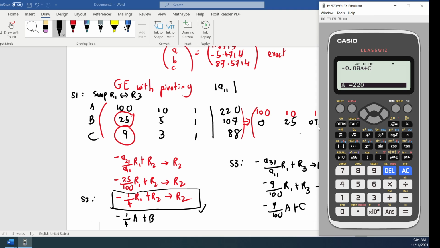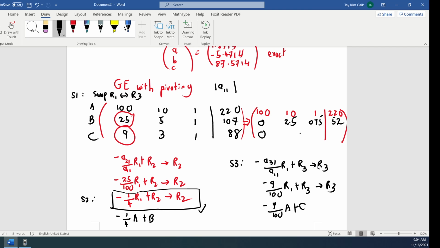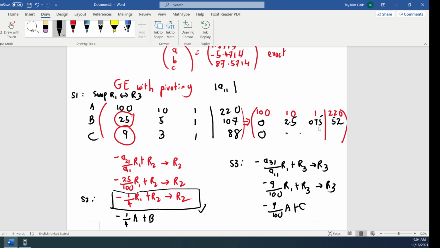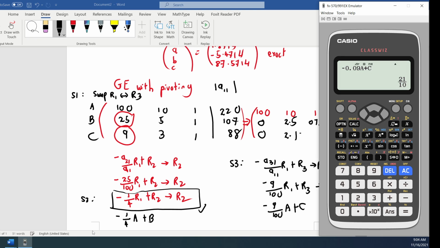Okay, calculate. Similarly, in column 1, A is 100, C is 9. So you have 0. Move to column 2. A is 10, C is 3. You have 2.1. And then calculate column 3: A is 1, C is 1.